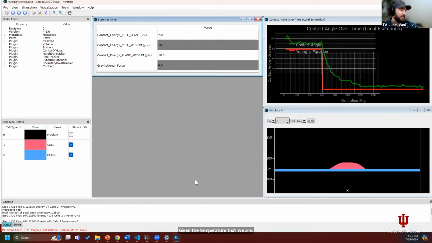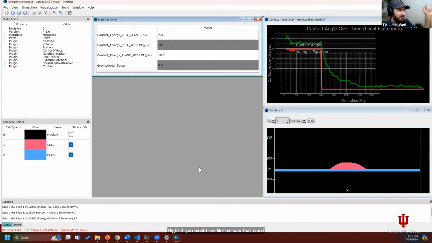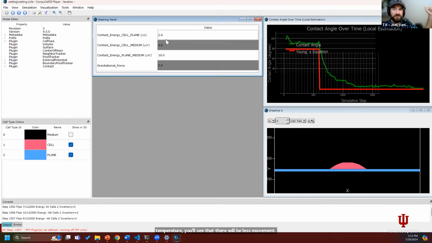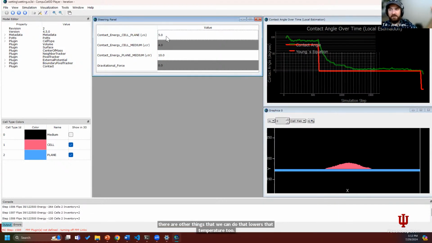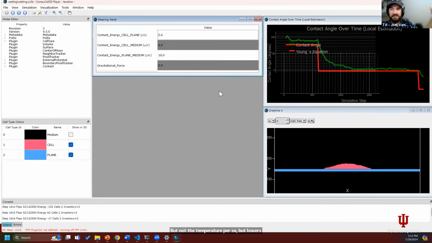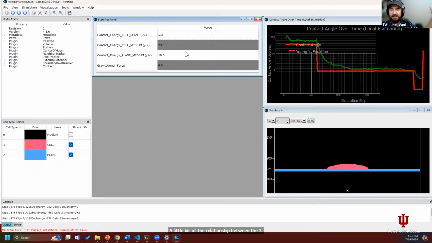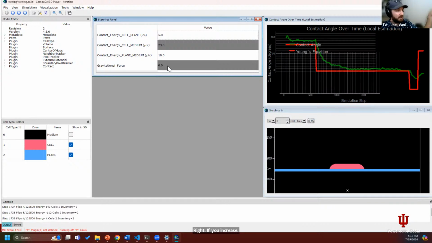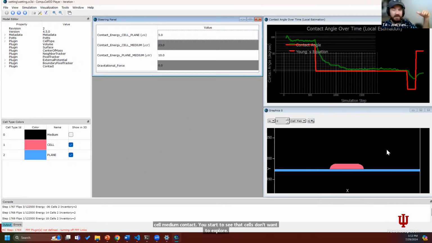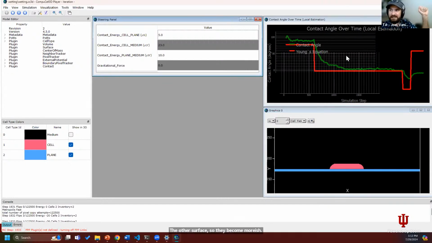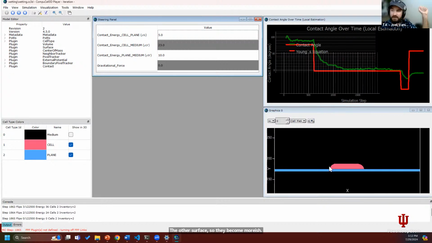Like the temperature that James presented, if you lower that temperature, you'll see that there will be less movement. But there are other things that we can do that lower that too. Not the temperature per se, but a little bit of the relationship between the two. If you increase the cell medium contact, you start to see that cells don't want to explore the medium or the other surface as much, so they become more squarish, going back to that 90-degree kind of angle.